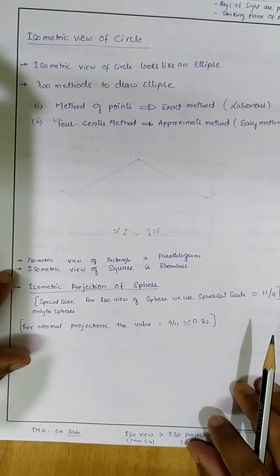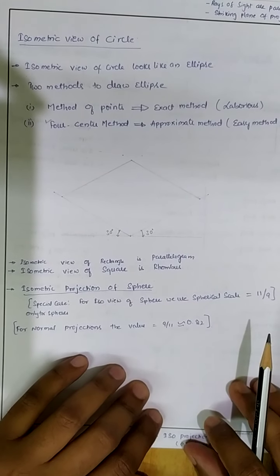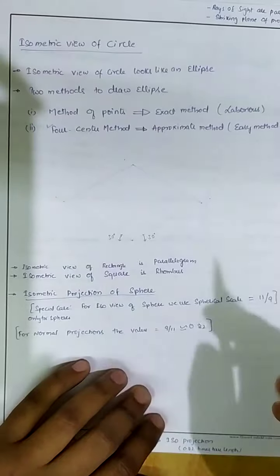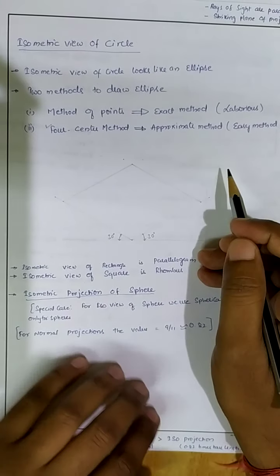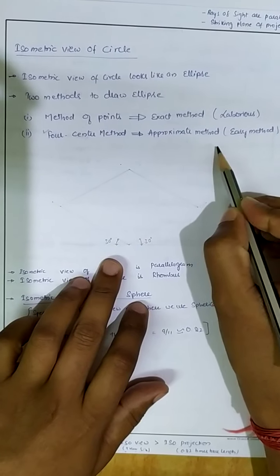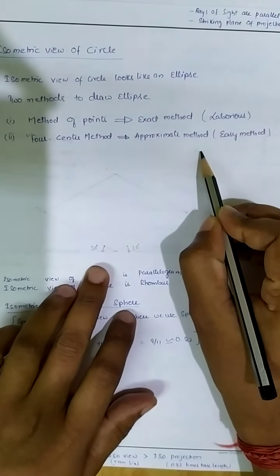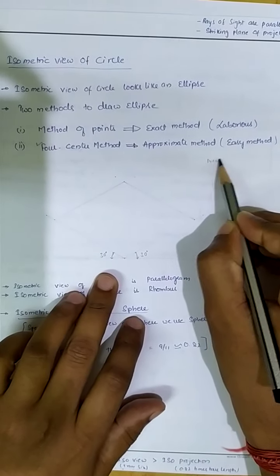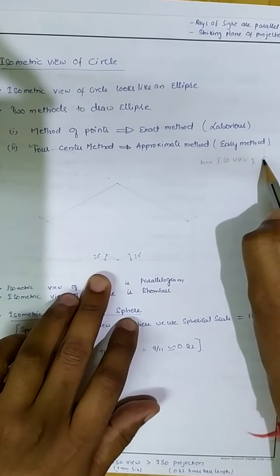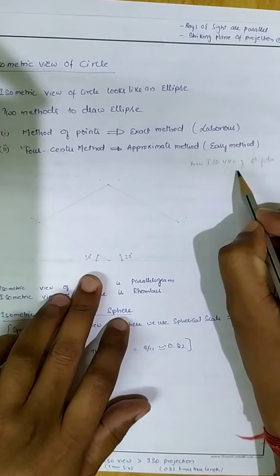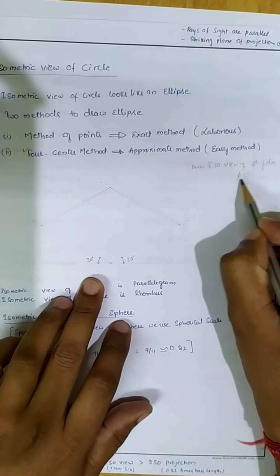Okay, so now let me show how to construct an ellipse with the help of the 4 center method. If I consider a question like this: draw the iso view of a circle of diameter 50 mm.